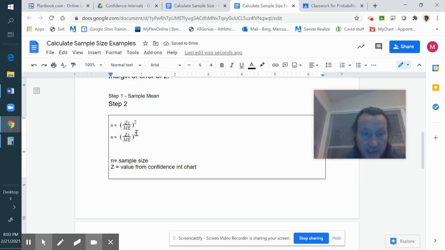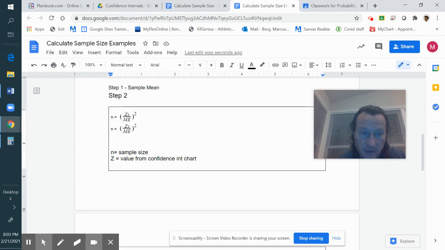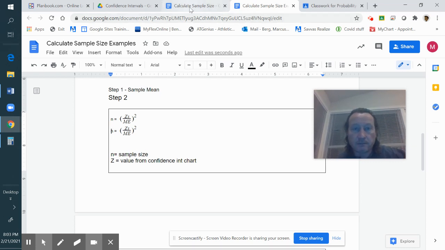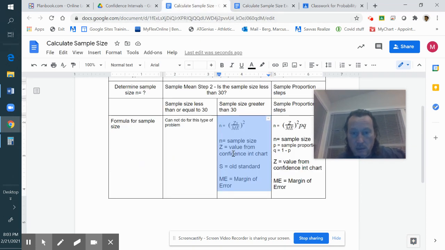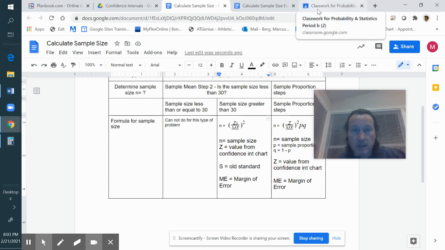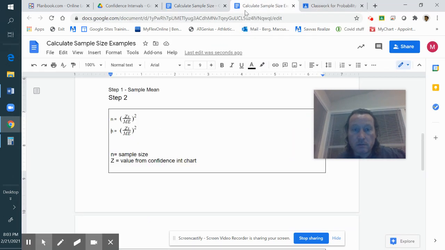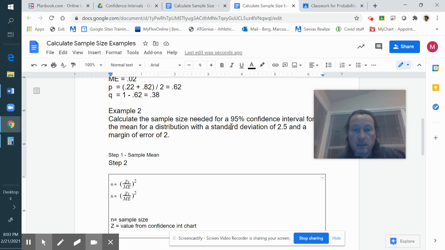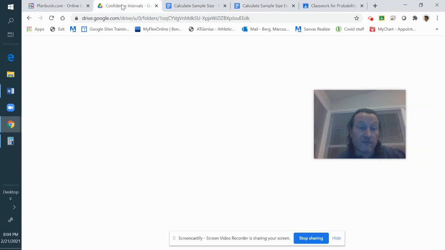All right, so this is saying I need z times the standard deviation over the margin of error, squared. So we should multiply everything. So z you find in the confidence chart. Here's my problem, at 95%. Remember where we can find that.